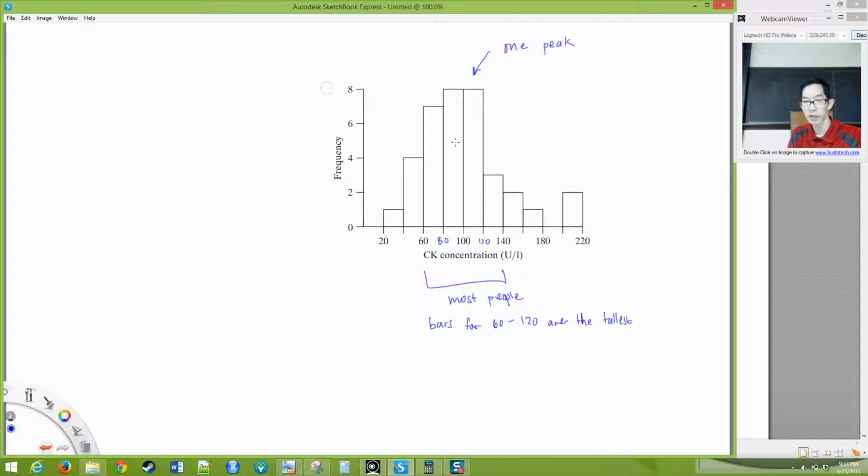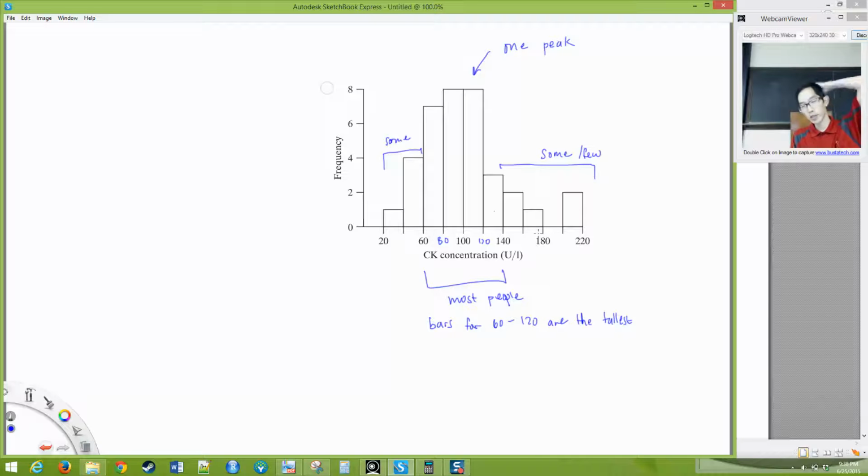So these bars represent the most number of people. Okay, and then we have a few out here, some, a few, and also some and a few down here.